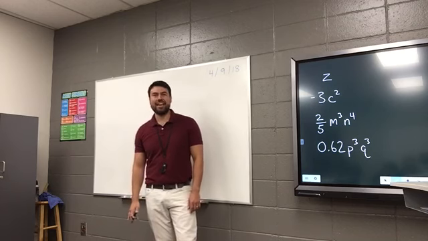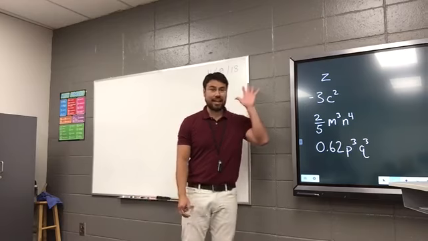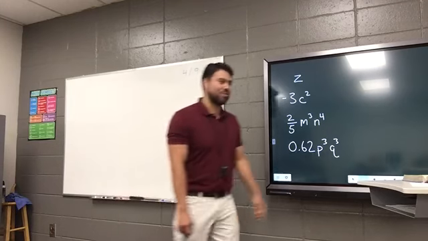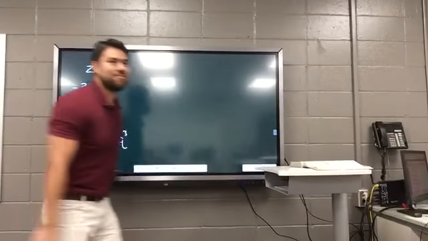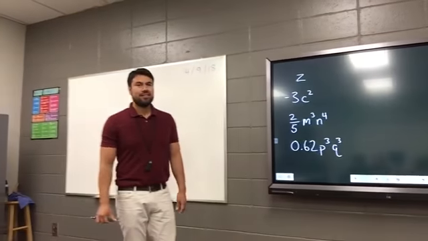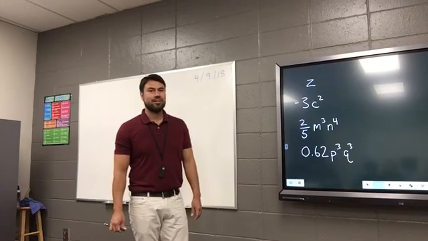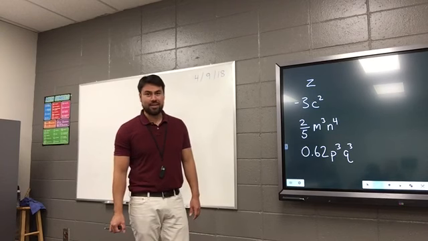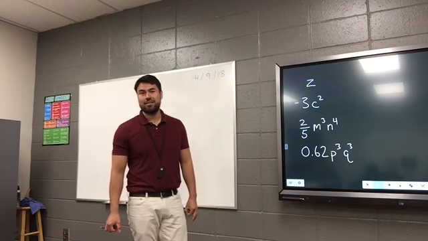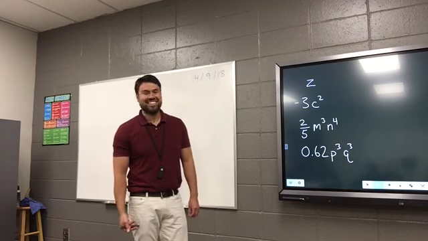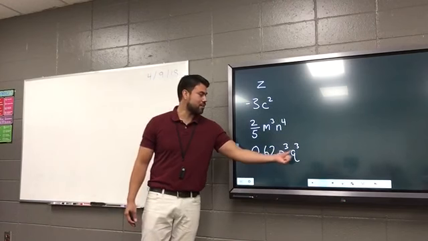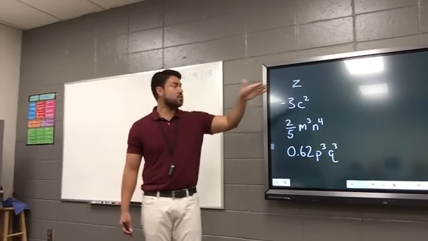Alyssa, why is that a monomial if you say it is? Because it's a product of numbers and variables. 0.62, Rachel? That's a decimal. Really? Rachel, that is a number, isn't it? So yes, it's a product of numbers and variables. You guys okay with that?